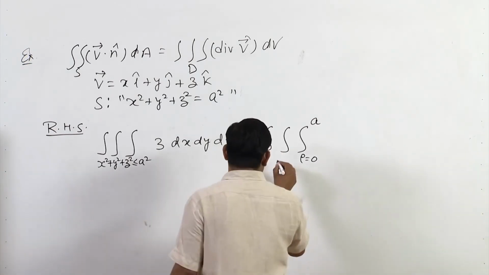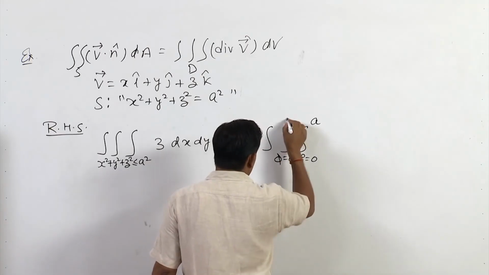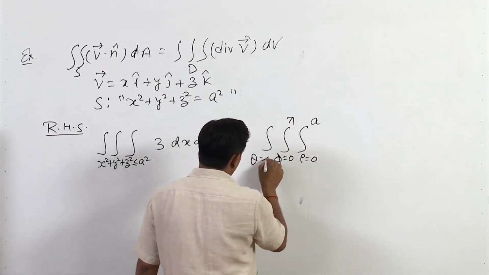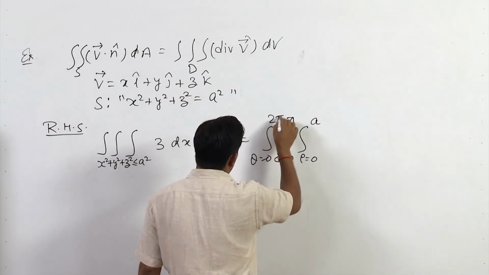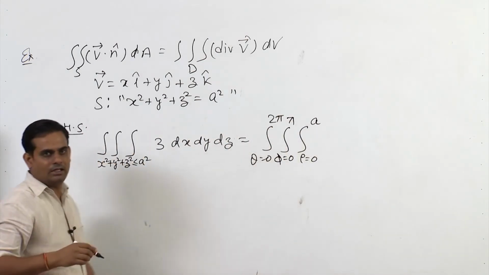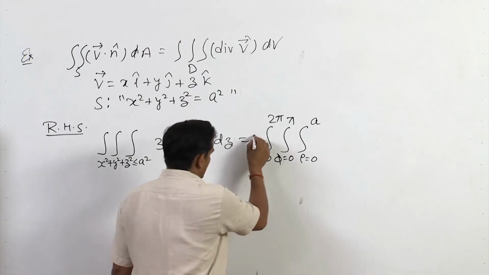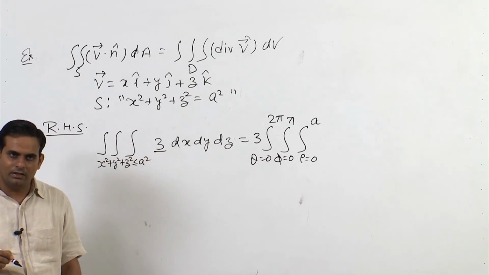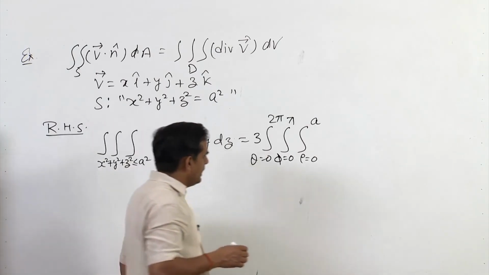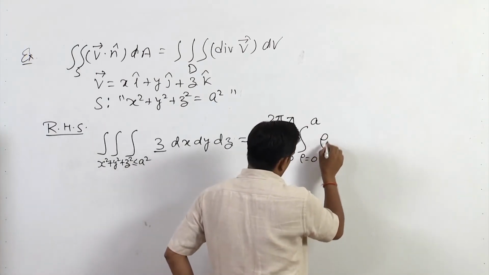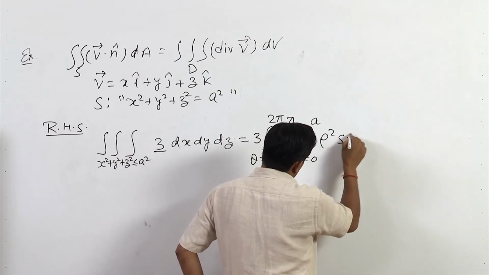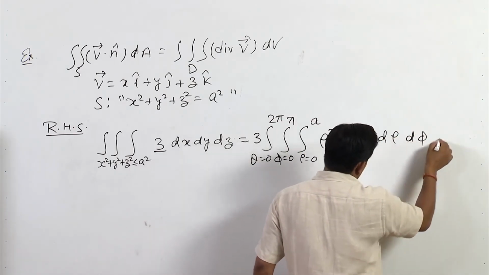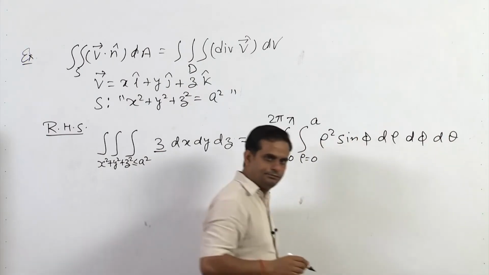Then phi will go 0 to pi and theta will go 0 to 2 pi, and the 3 I have taken out, that I got from the divergence of V, and then dx dy dz will become rho square sin phi d rho d phi d theta.